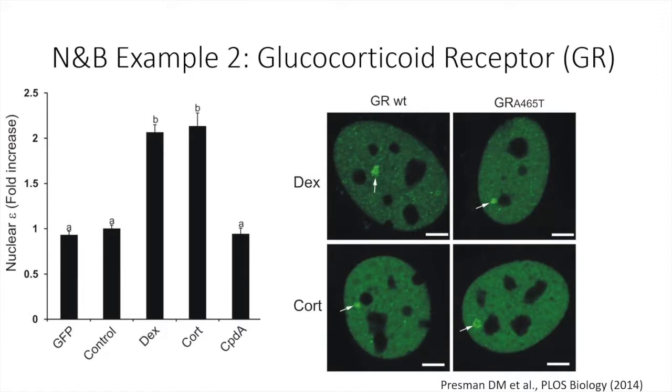As an example, they are looking at this GR protein. The oligomerization state of this protein can indicate cell signaling. They use control experiments to see what the monomer brightness looks like, and with some treatment, they can see dimerization.